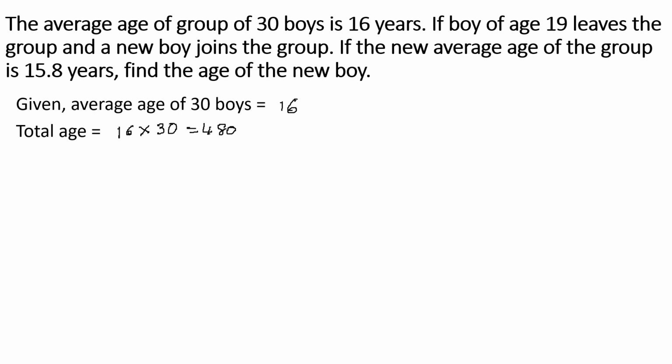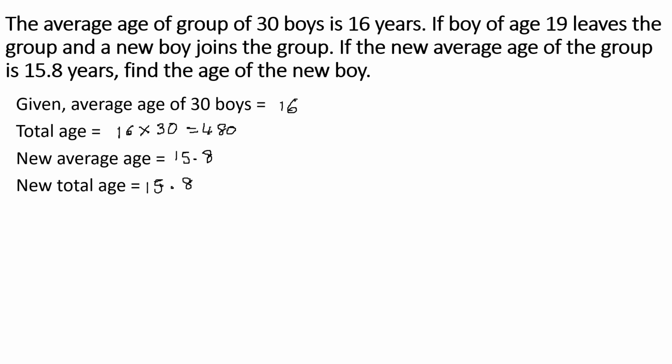Now, after the person leaves and the new boy joins, the new average will be 15.8 years. Therefore, the new total age will be 15.8 multiplied by the total number, that is 30. 15.8 into 30 will be equal to 474.